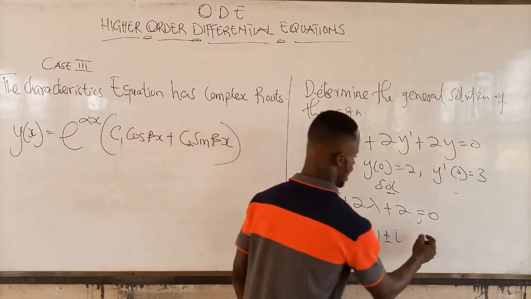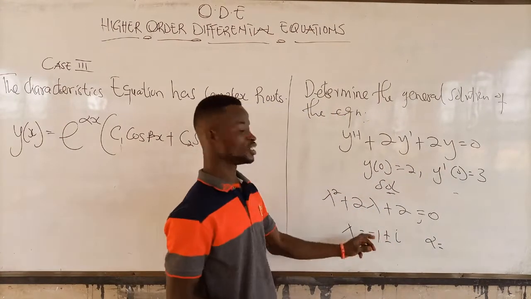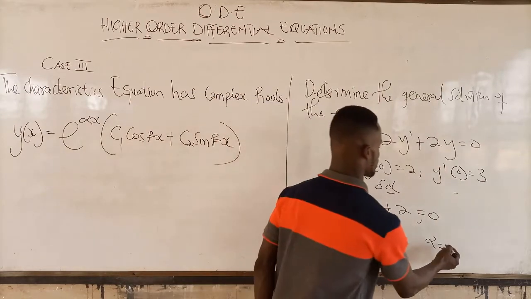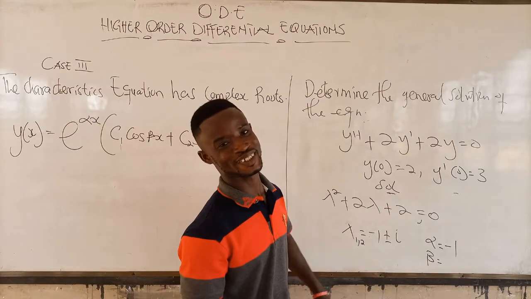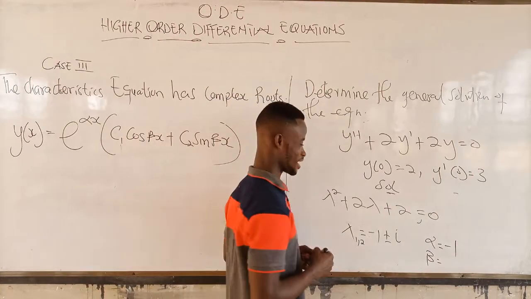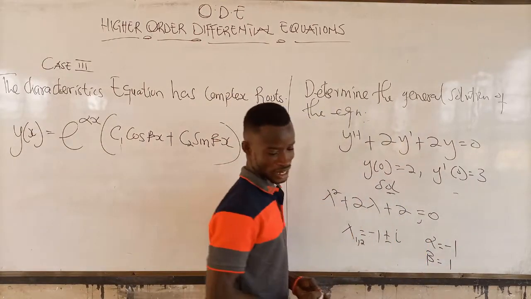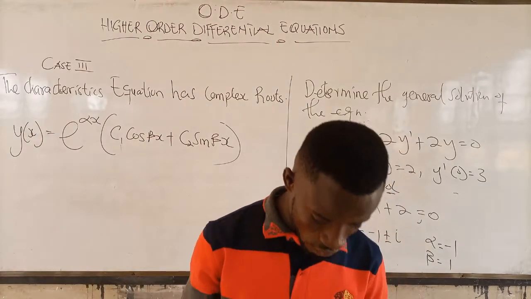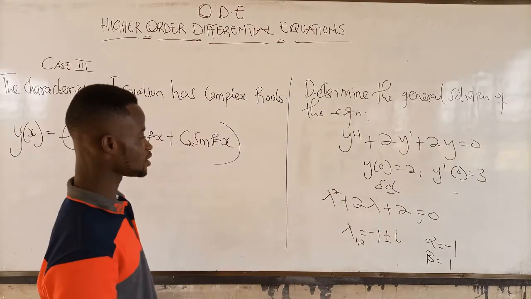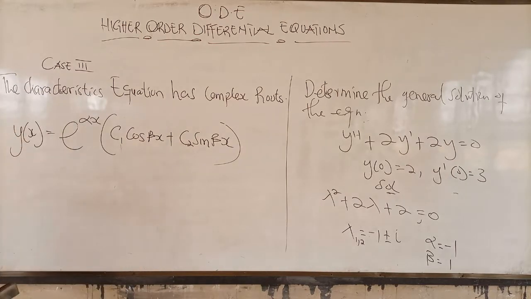So our alpha here is going to be negative 1. And the beta here is going to be, tell me, 1. Very good, not negative 1. 1. Alright, then we quickly go on to write the general solution.